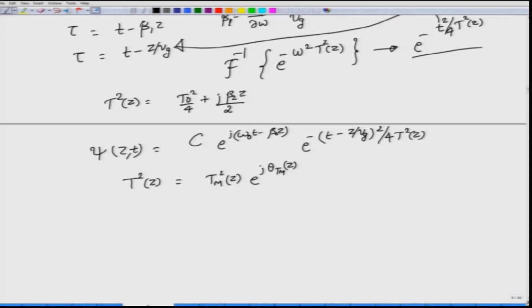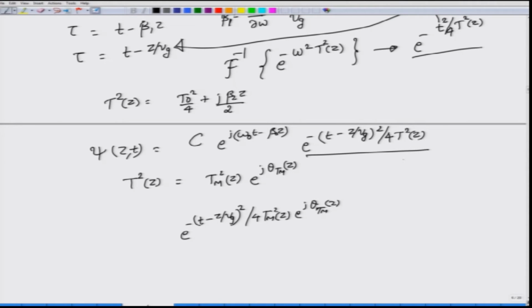So, I can write this in terms of magnitude and phase angle. So, I can write this as e power minus t minus z by Vg whole square divided by some 4 Tm square z, and then you have the angle here, which is e power j theta Tm of z. So, this e power j theta m can go on to the top and essentially become a constant phase for you. Okay. So, there is a phase factor associated with this one.